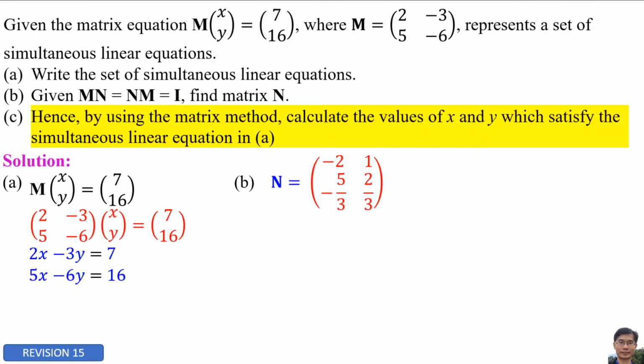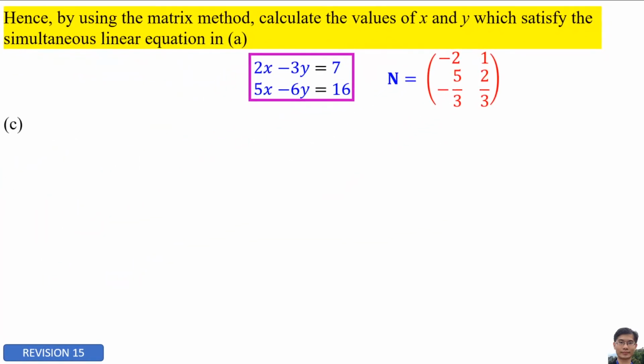C. Hence, by using the matrix method, calculate the values of x and y which satisfy the simultaneous linear equations in A. Firstly, we write the simultaneous linear equations into matrix form. How? Firstly, 2, -3, 5, and -6 as a matrix.